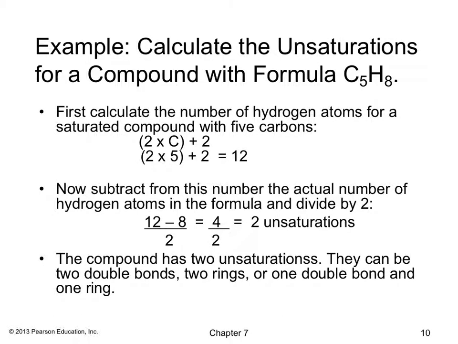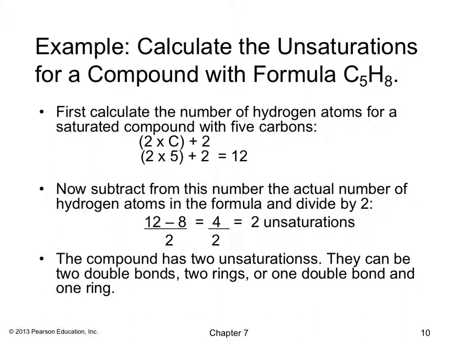So as we have done before, and this should be reviewed, to calculate the degrees of unsaturation for a compound with a formula of C5H8, first calculate the number of hydrogens for saturated compounds with 5 carbons. In this case, it's 2 times 5 plus 2, which would be 12.